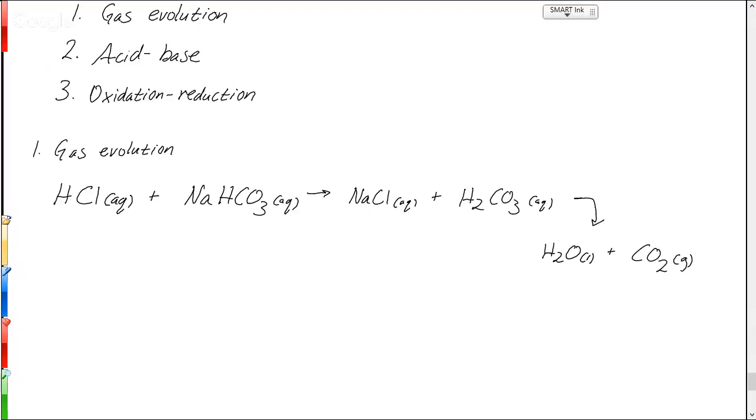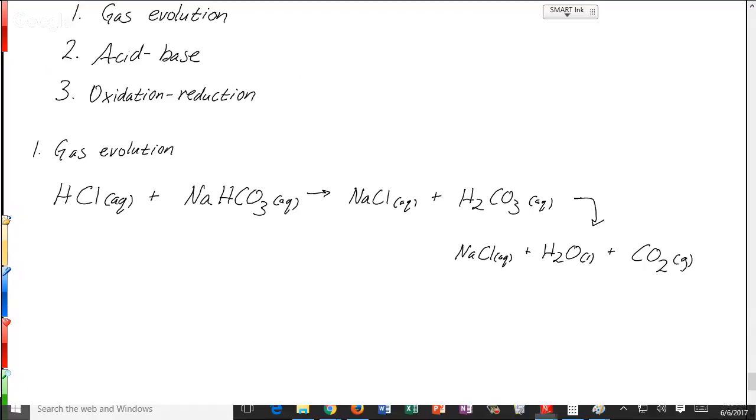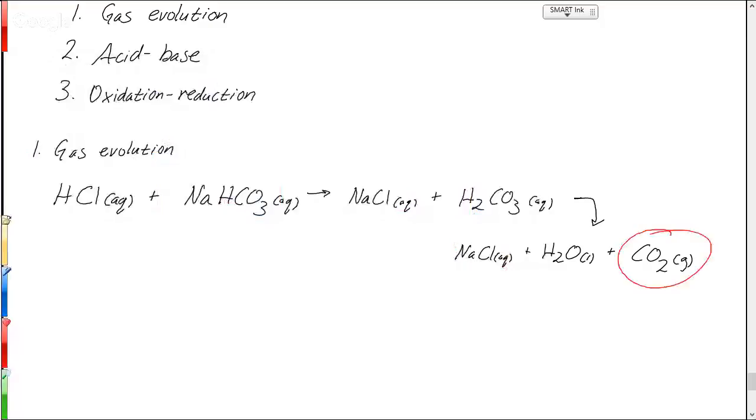So carbonic acid decomposes into water and carbon dioxide, and so of course NaCl is still there too. But that is the gas, and of course if you do this reaction you'll see bubbles. That's like the famous volcano experiment, except with HCl instead of acetic acid. Sodium bicarbonate is baking soda, so you put those together and you see bubbles. So if you see bubbles, you've got a gas evolution reaction.